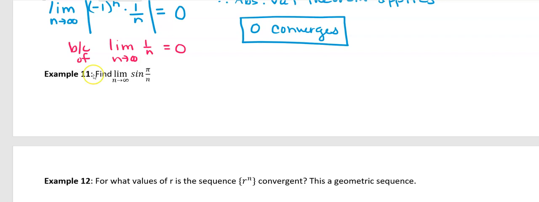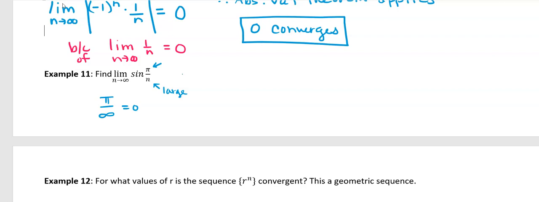I know that I have a constant in my numerator, right? And my denominator is getting large because n is approaching infinity. So I already have the idea that this is really going to be pi over infinity. Got to put it on its side. There we go. I already know that that's going to be equal to 0.